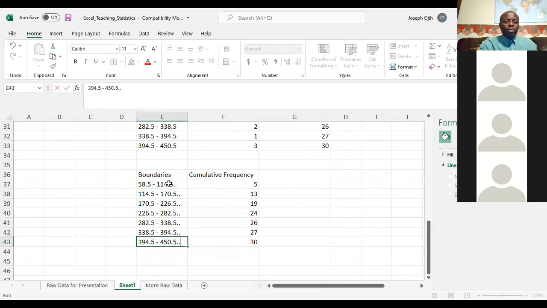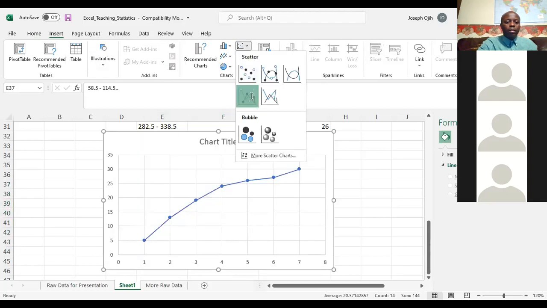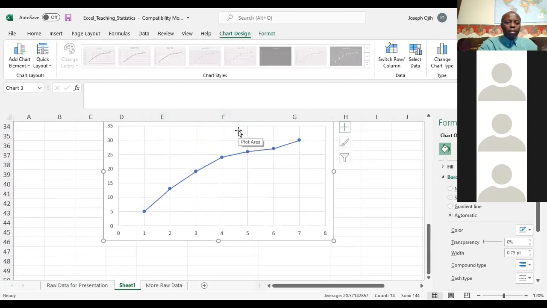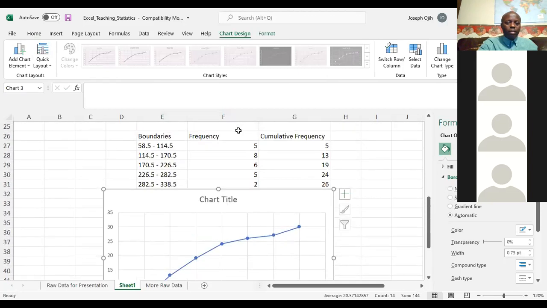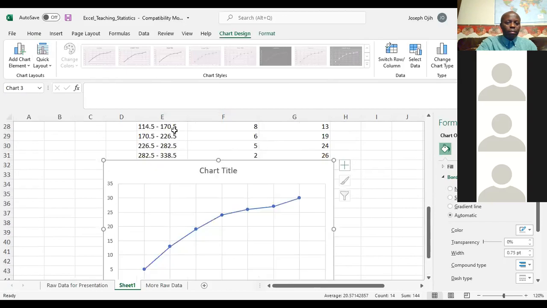All right, let me draw it again. Okay. So insert. Okay, use this. It's giving me the same thing. Okay. Let's see. Now, let me see what I can do to get it different.